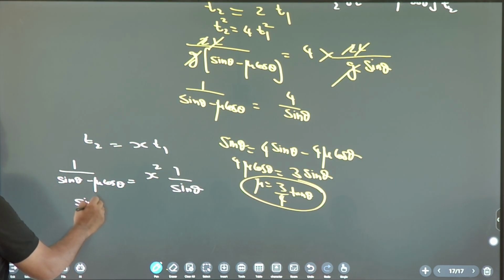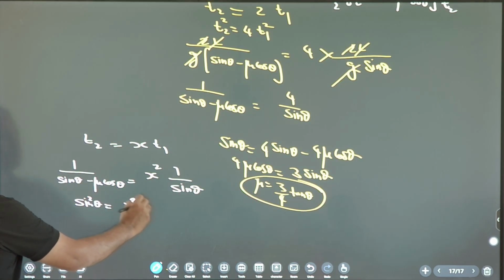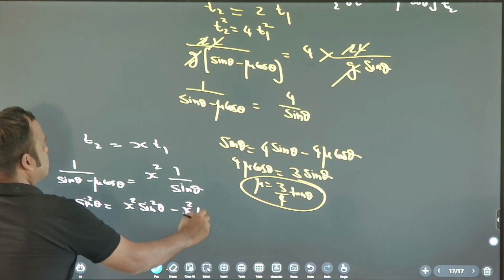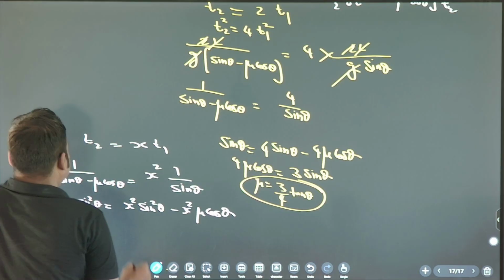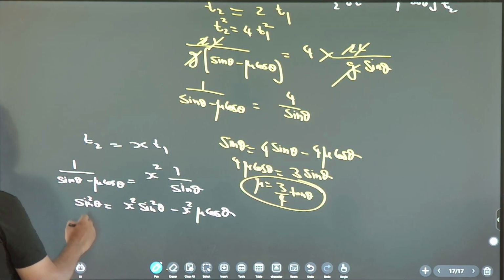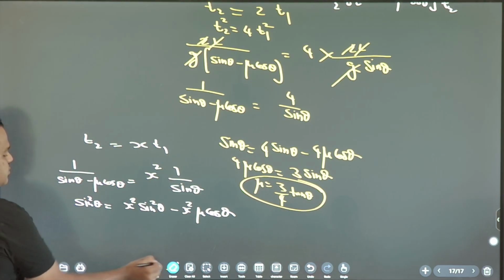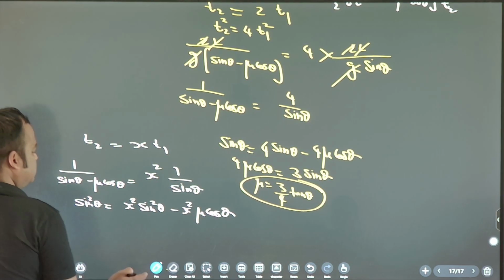So sin square theta will be x square sin square theta minus x square mu cos theta sin theta. This you take left side.